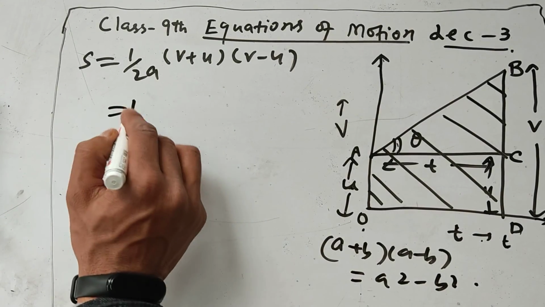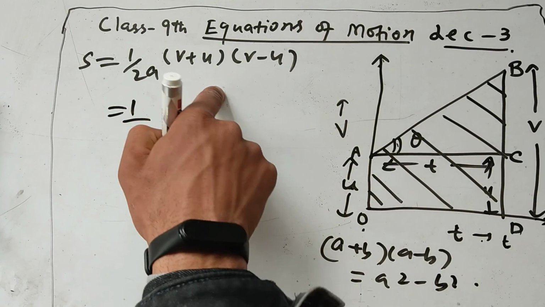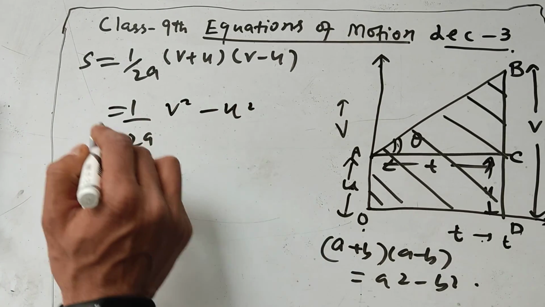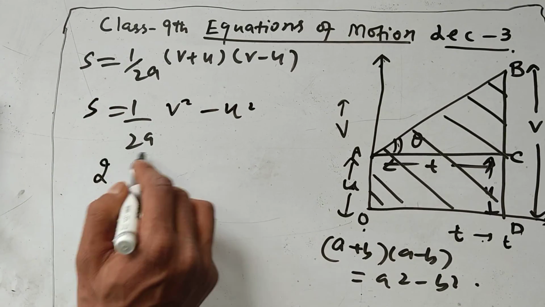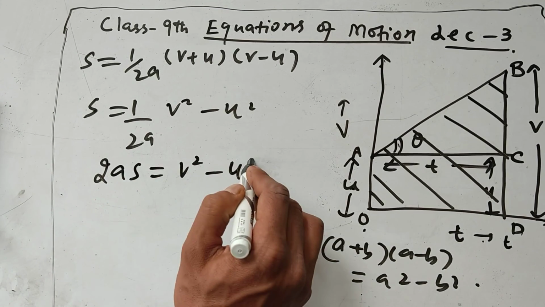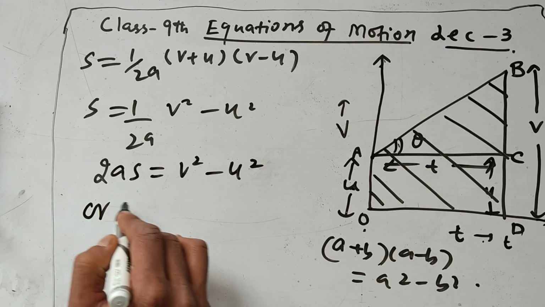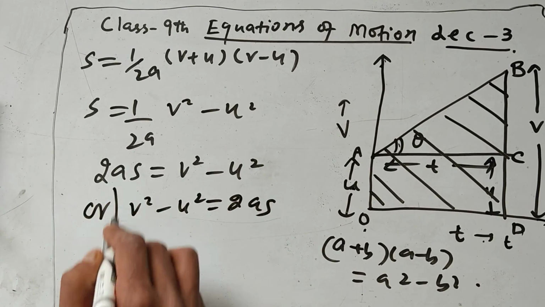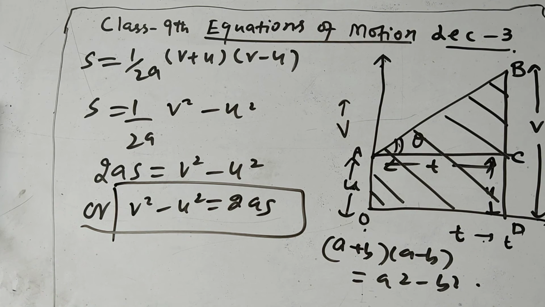So here it is 1 by 2A into V square minus U square. After cross multiplication, 2AS is equal to V square minus U square, or V square minus U square equal to 2AS. In this way we have derived all these equations of motion.